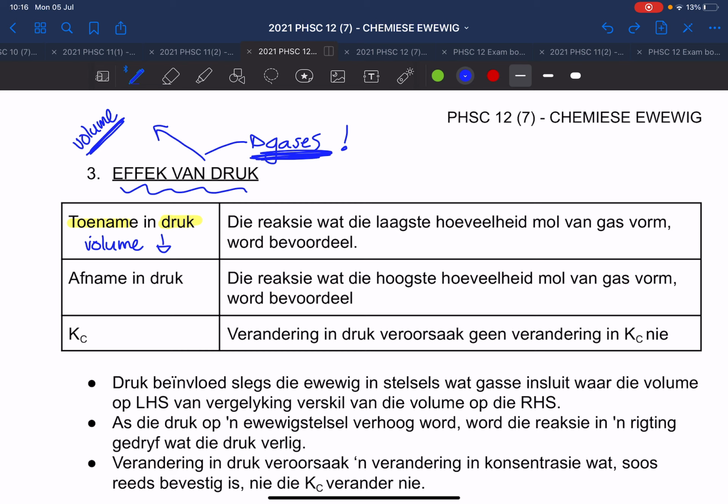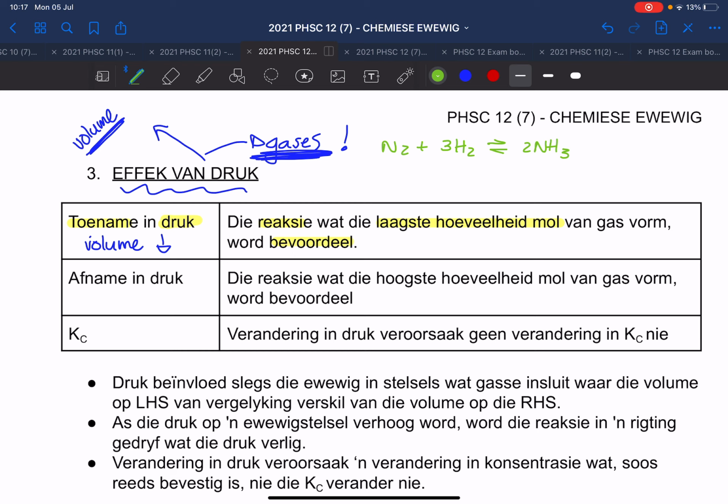Okay. Die hoeveelheid mol. So jy kan sien hulle sê the reaction that has the lowest amount of mole of gas will be favored. Sal bevoordeel word. Okay? So sê nou maar ons kyk na die Haber proses, the Haber process. We have nitrogen gas plus 3 hydrogen gases gives you 2 ammonia molecules.